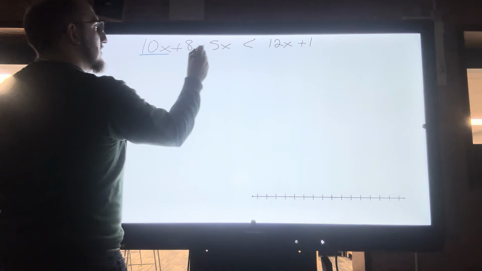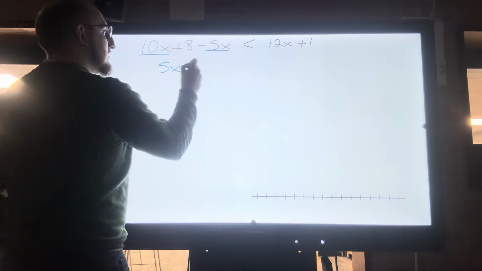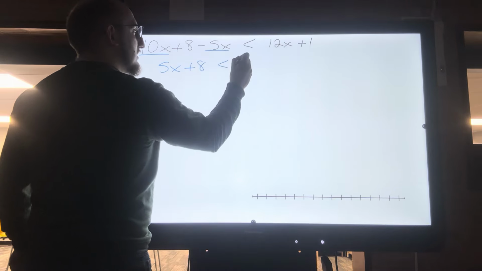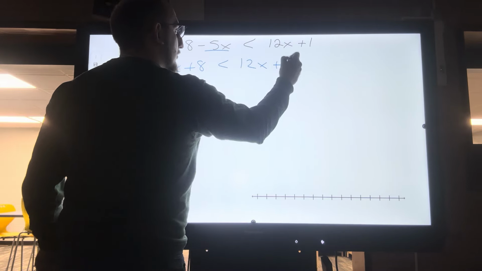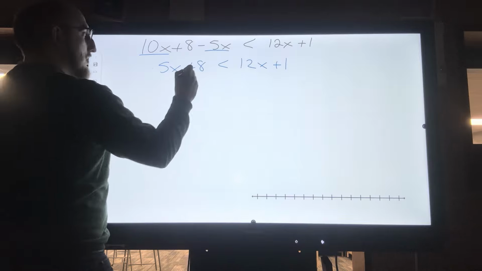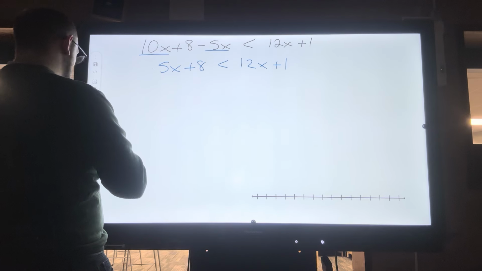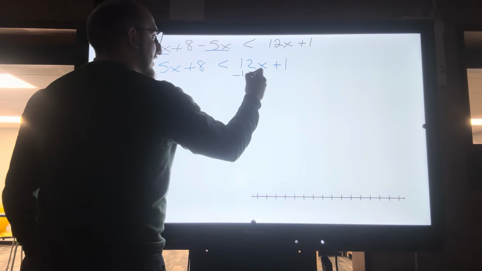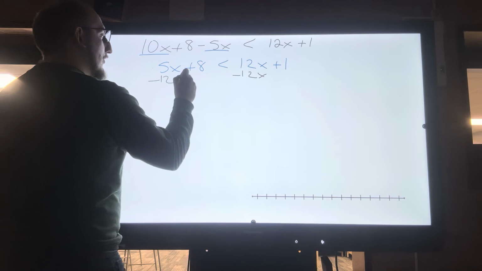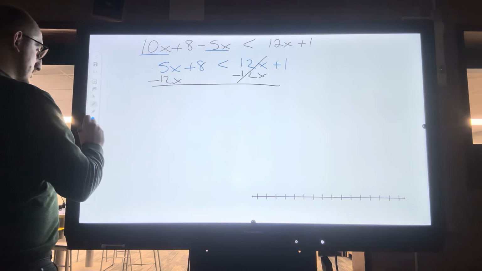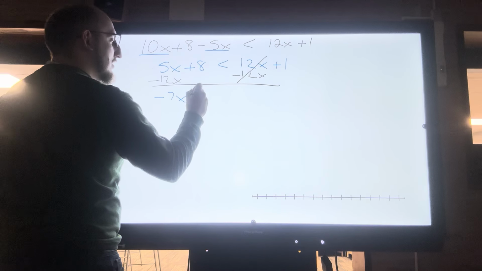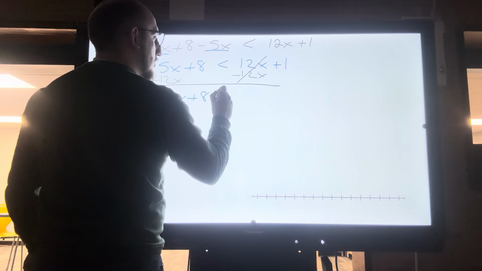If you solved it, these guys go together. You get 5x plus 8 is less than 12x plus 1. Subtract 8. Oh, let's not subtract 8 yet. Let's subtract 12x. Subtract 12x. So we get negative 7x plus 8 is less than or equal to 1.